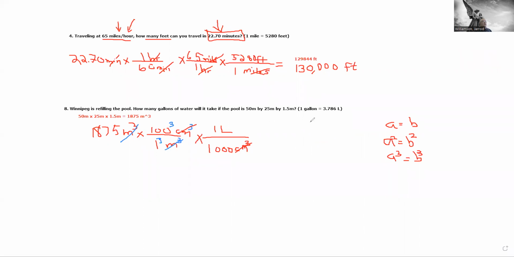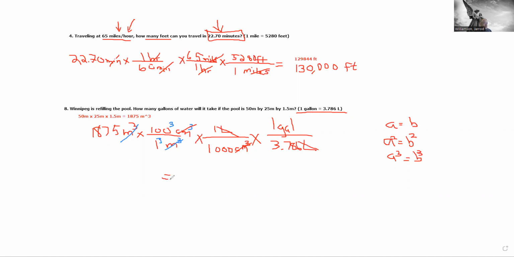Now what I want to do is I want to use this. So I'm going to have here times, what am I going to put on the bottom? I got liters on the top, so I'm going to put liters on the bottom. 3.786 liters is 1 gallon. And liters cancel with liters.